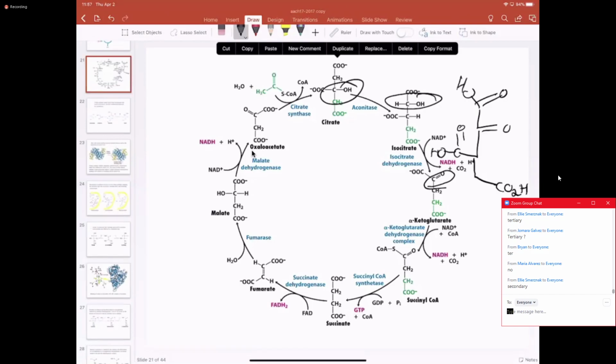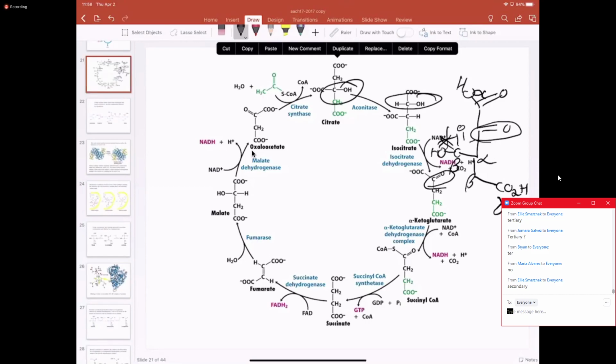What happens here is you lose the CO2 that's beta to the carbonyl. So shown here is the carbonyl. This here is alpha, so you don't lose that CO2. This is alpha, this is beta. So this here is the CO2 that you're actually going to lose. This is beta, this is gamma, and you don't lose the gamma CO2. And so what happens is you spontaneously lose the CO2 in the beta position.